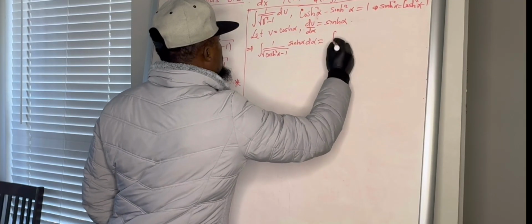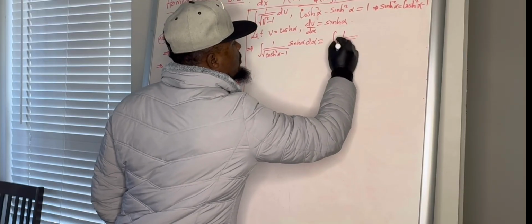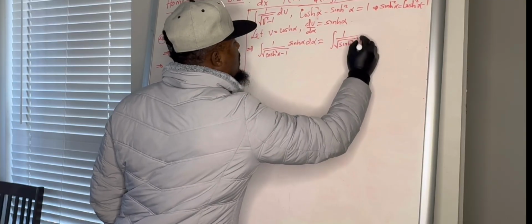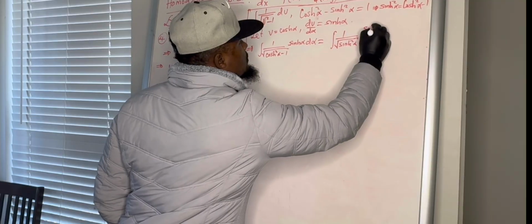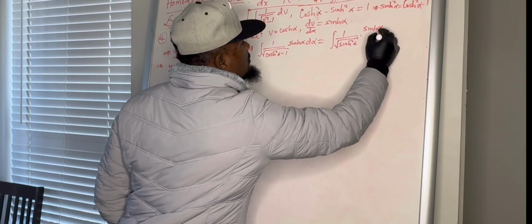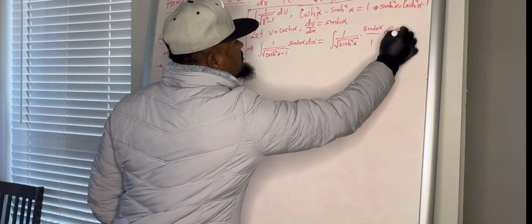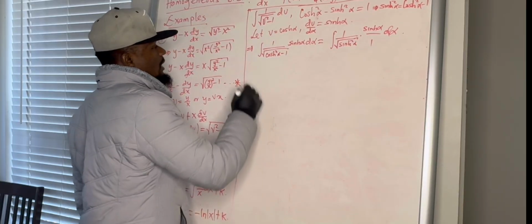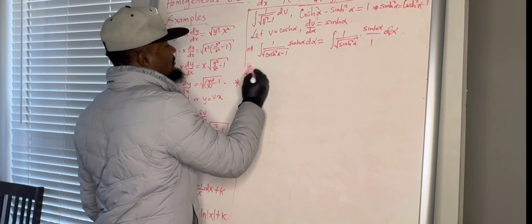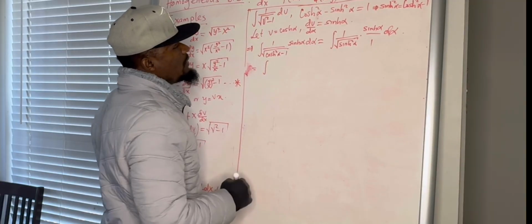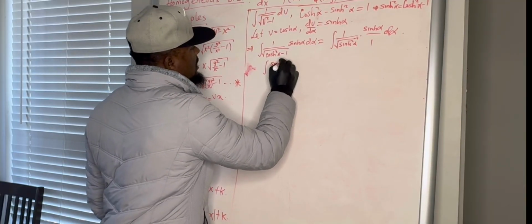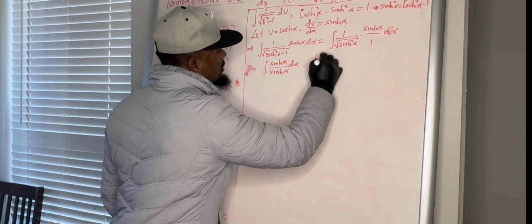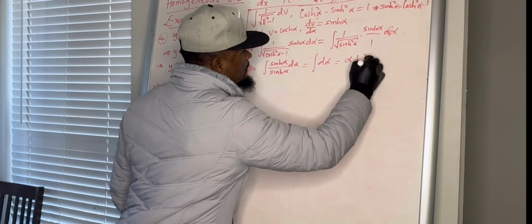So this is the integral of 1 over the square root of sinh squared alpha times sinh alpha d alpha. Of course, the square and the square root will cancel, and I will have the integral of sinh alpha divided by sinh alpha d alpha. This is equal to the integral of d alpha, which is equal to alpha plus k.